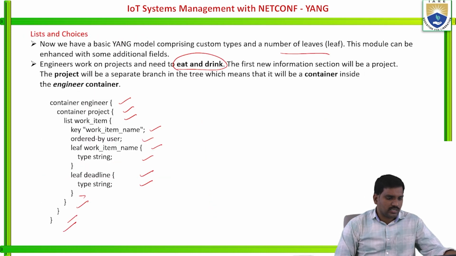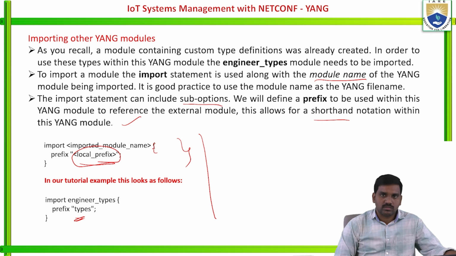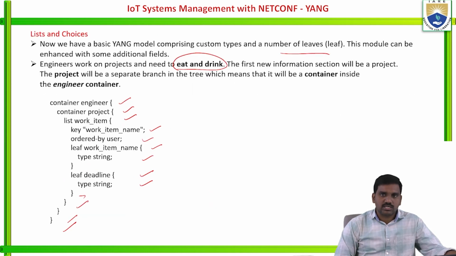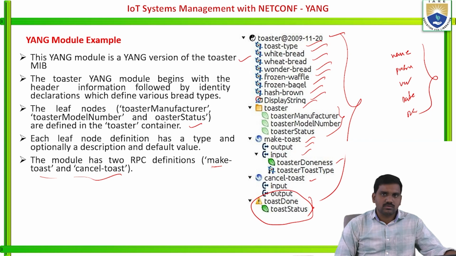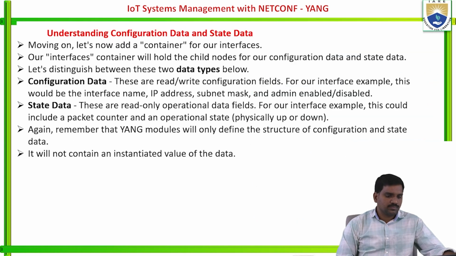Next, importing other YANG modules, importing some parameters from another YANG module. Next, list and choice, in order to do some kind of eat and drink operations. Next, module example. So these are some real-time YANG module explanation points.